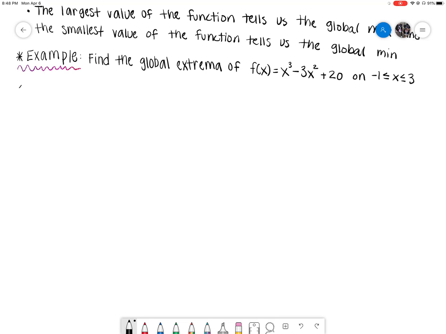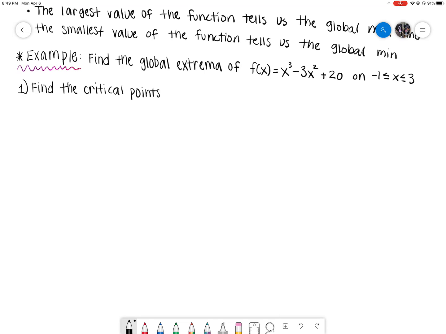So first step, find the critical points. We already know how to do this, right? We practiced finding critical points in our homework from section 4.1.